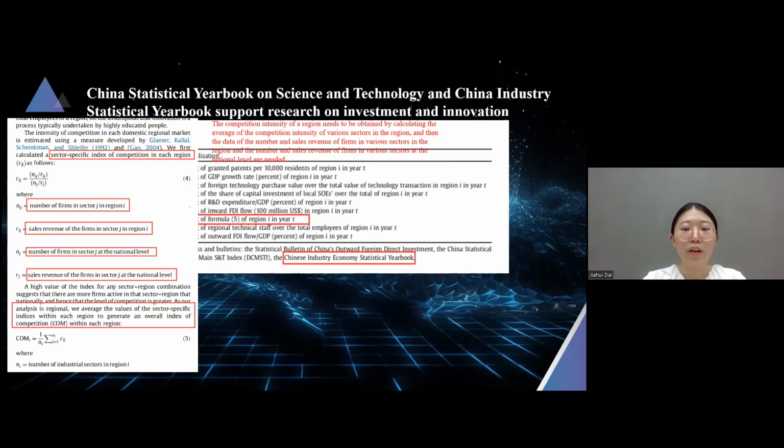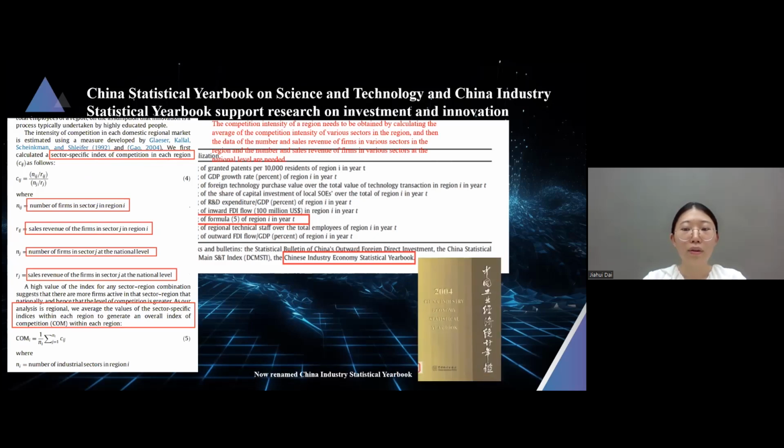The authors used data in China Industry Economy Statistical Yearbook, which has been renamed China Industry Statistical Yearbook.